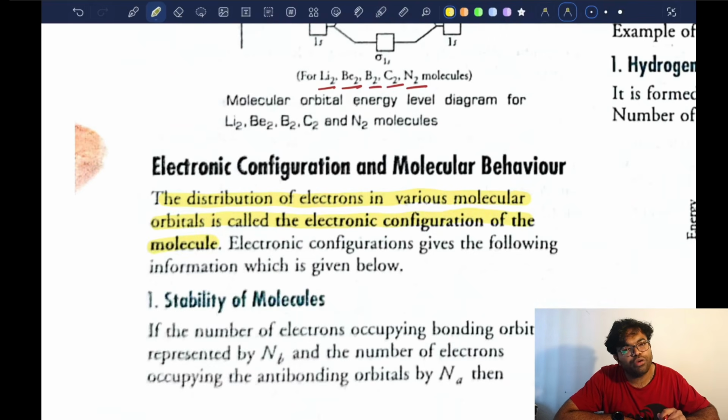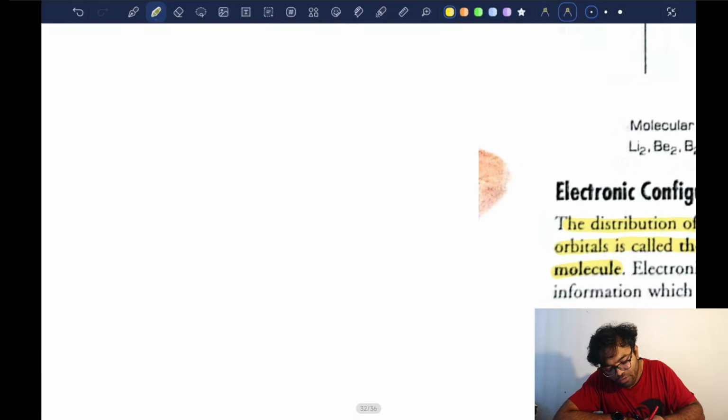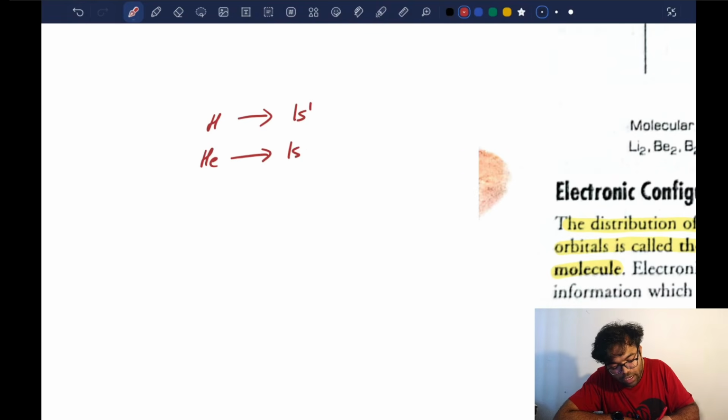Now, Dhruvat, do you remember when we started studying the atomic orbitals, we started giving an electronic configuration for various elements? Like in the case of hydrogen, the electronic configuration was 1s1. In the case of helium, it was 1s2.